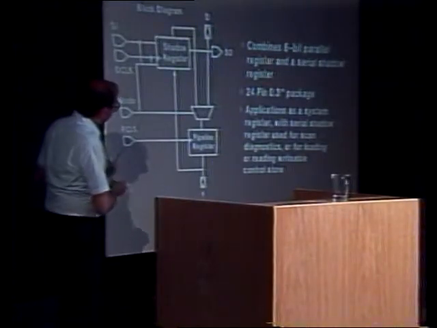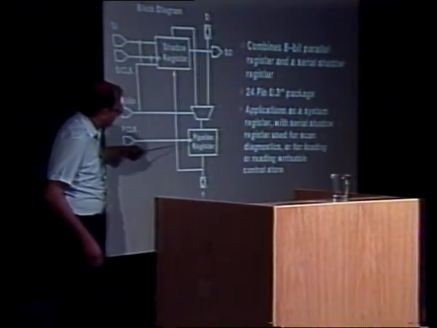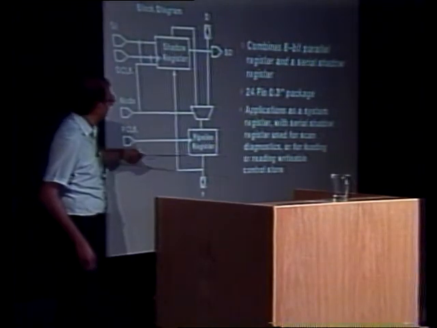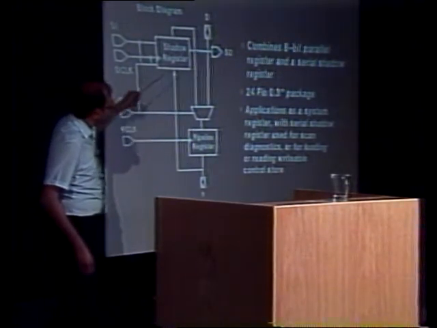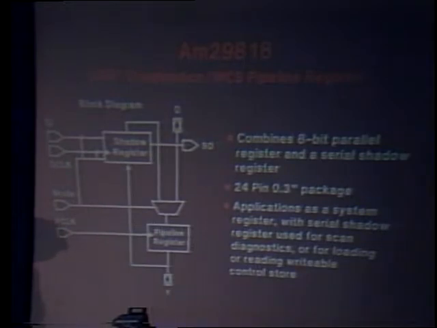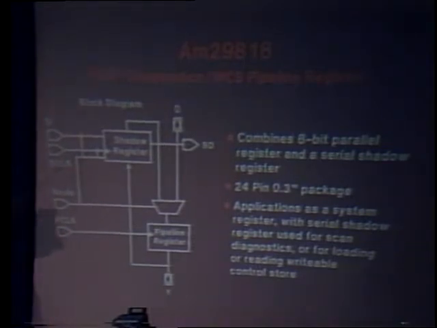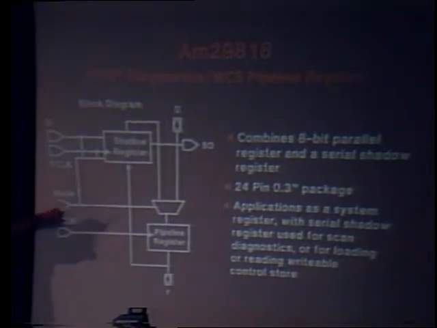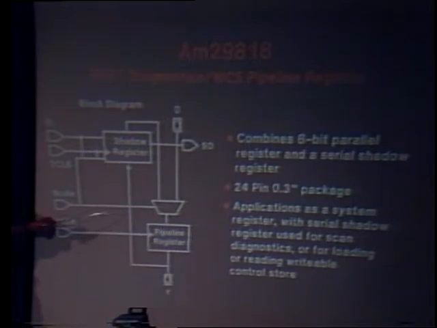They have two registers. One is the pipeline register, which you use for your normal system operation. So when you are not testing, the data comes in here, and through this register it goes back out to the system. During testing, you could shift test data serially into this shadow register and apply it, then load it to this pipeline register through this MUX.